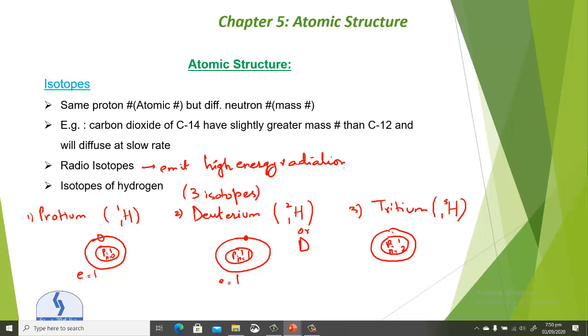It has variation in the neutron number, while proton and electron numbers are the same. So electron is 1, proton 1, and neutron 2. We can represent it by capital T, or by H, 3 and 1. So these are the isotopes of hydrogen.